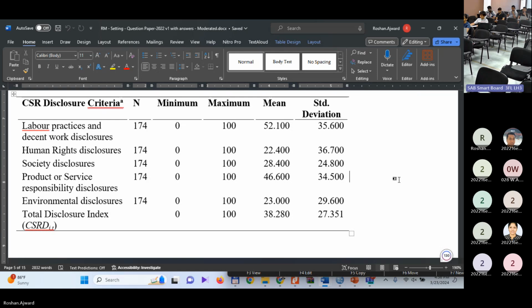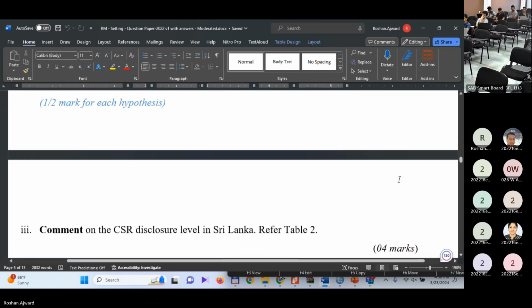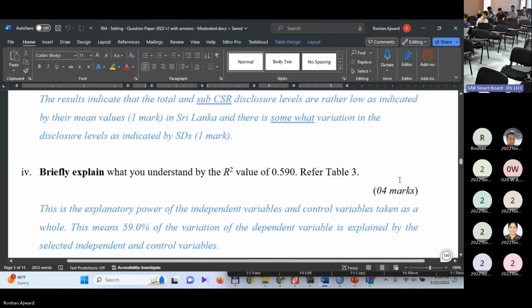Then on the other hand, you can comment on the highest disclosed CSR sub-index, that's labor practices. And the lowest is human rights disclosure. Likewise, you could comment on that. That was the interesting one. Briefly explain what you mean by the R squared value of 0.590, referring to Table 3.